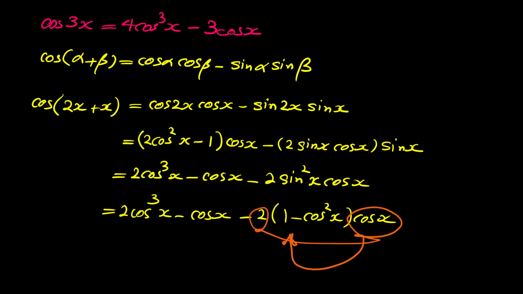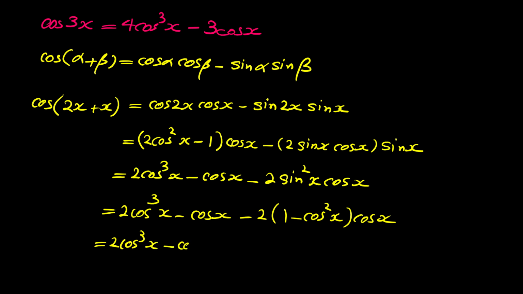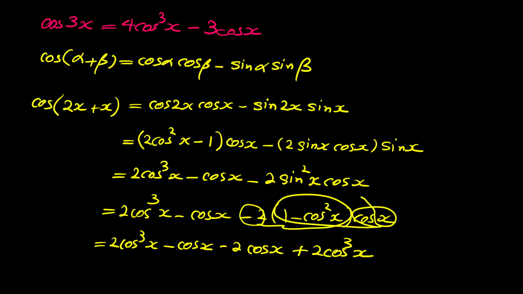By doing that, we have 2 cosine cubed x minus cosine x minus 2 cosine x plus 2 cosine cubed x. So we multiply negative 2 and cosine x in the bracket, and we got this expression. Now let's simplify this.